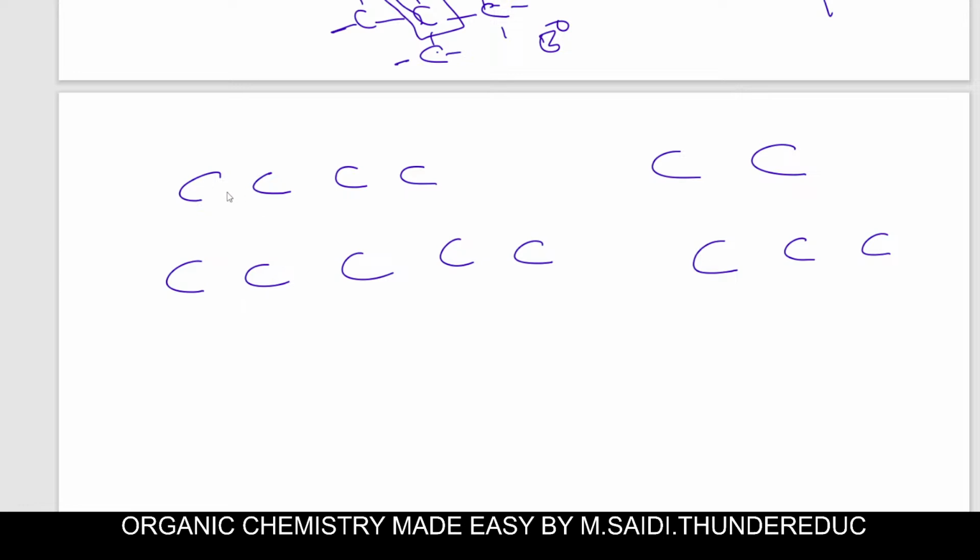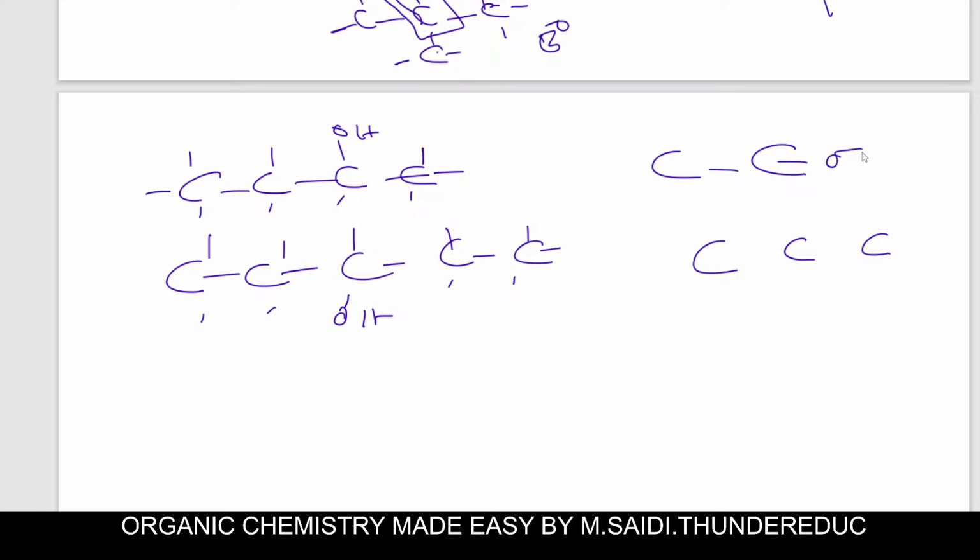If I have this, remember it is an alkane. Once one hydrogen is replaced, it becomes an alcohol. Yes, I have this. Now I put the OH there. What about this? These are two carbon atoms.